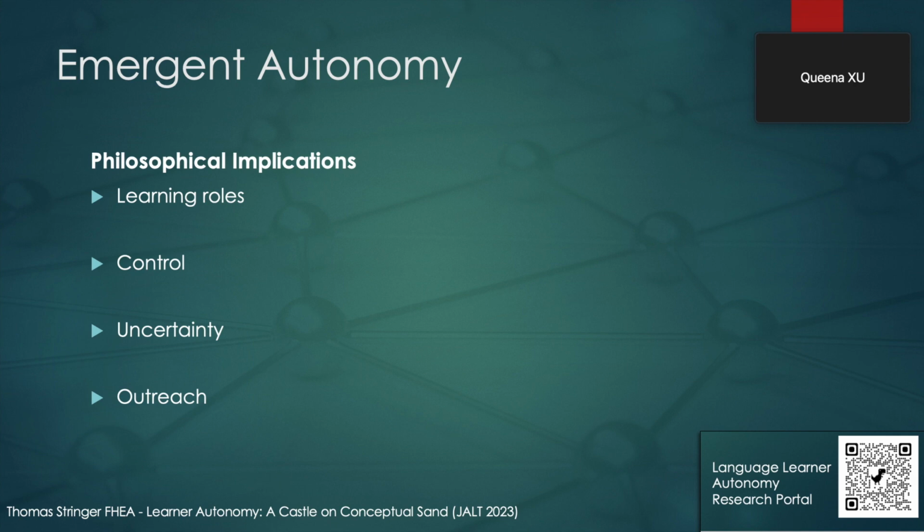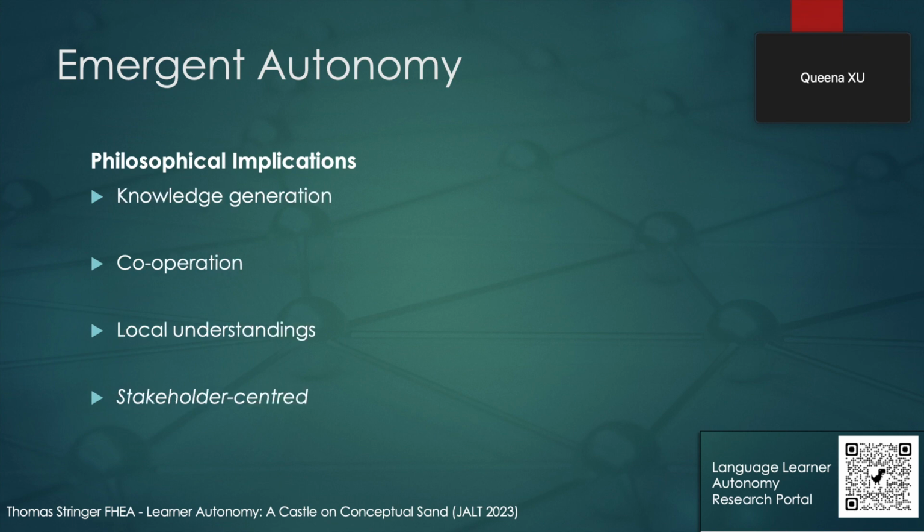So it can't just be centered in one place like a teacher, for example, or even just in a learner. It requires an orientation towards uncertainty, which is sometimes perhaps unwelcome in education, but it needs an orientation towards non-linearity, randomness, right? And also it means that you need to reach out to people. You need to negotiate learning with these different stakeholders.